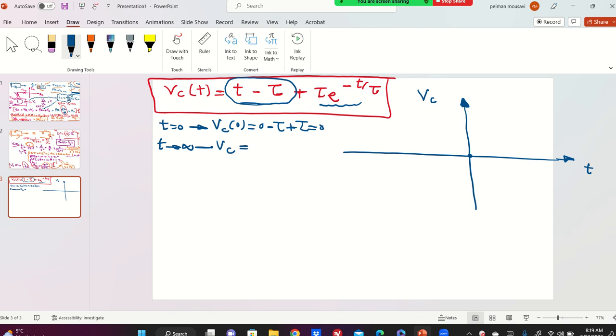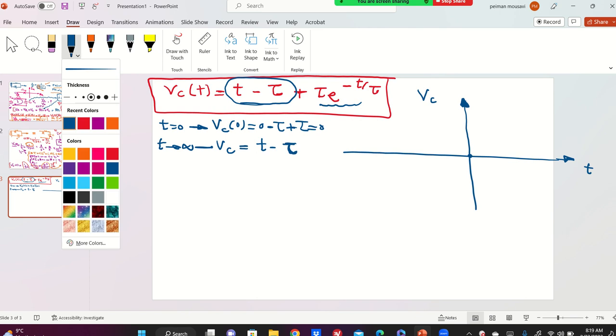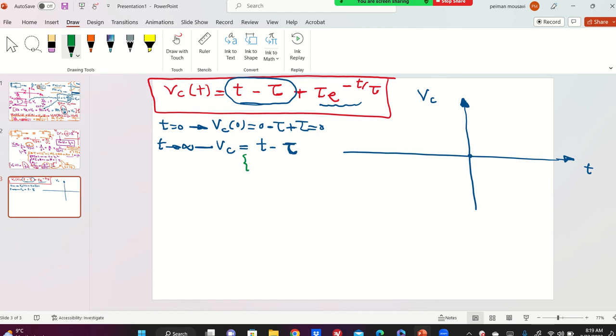When time goes to infinity, Vc equals t minus tau. Right? Do you confirm it? Yes? Now, can I write it like this, guys? Look at here. Vc minus t equals minus tau. Can I write this like that?